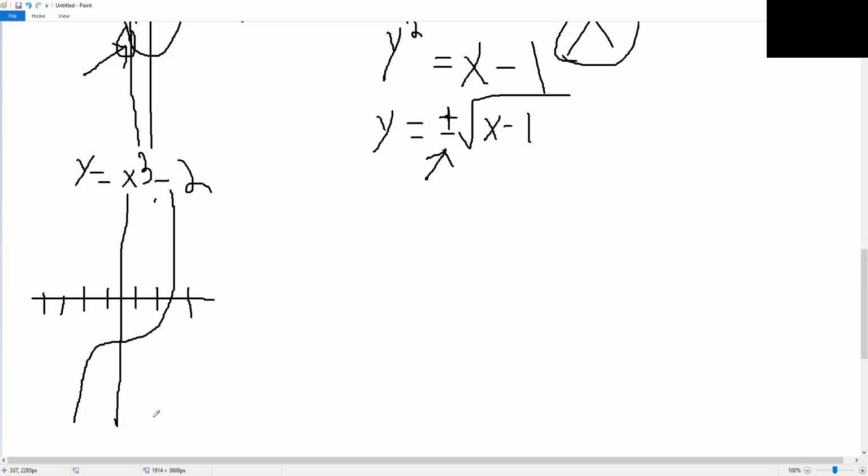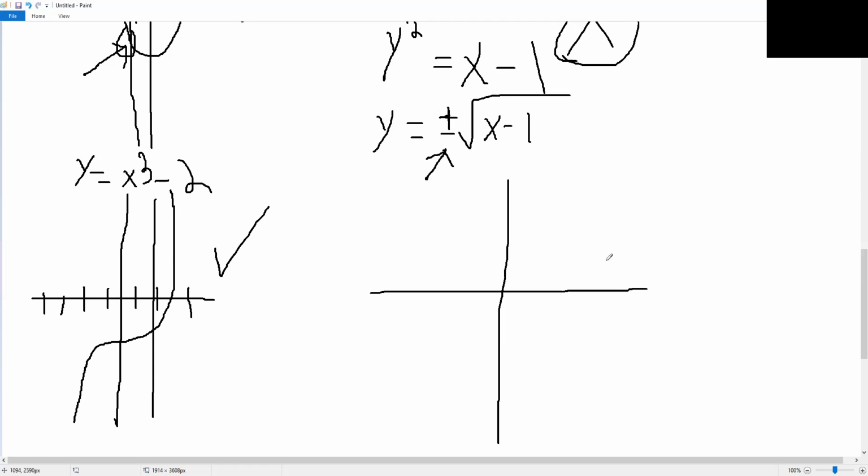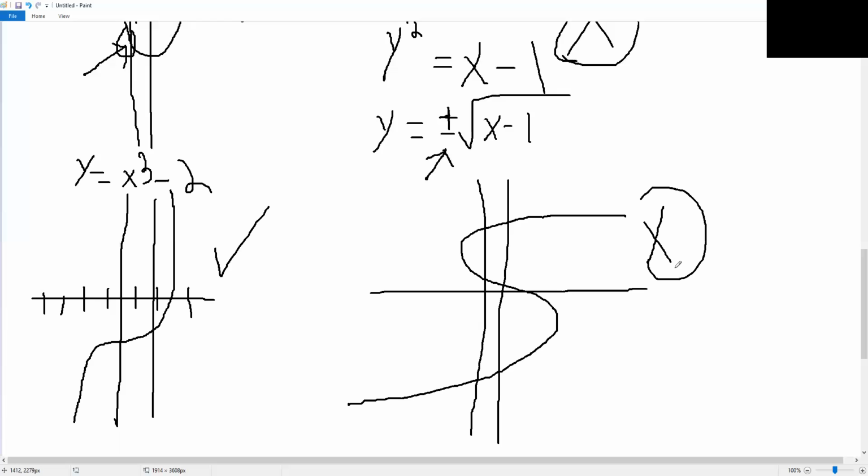So I could draw one here, it's not going to cross it, or here, or anywhere. So it only crosses it once, it's a function. So let's look at this one. This one is like this. So if you run a straight line through that, it crosses it 3 times. This is not a function. Okay.